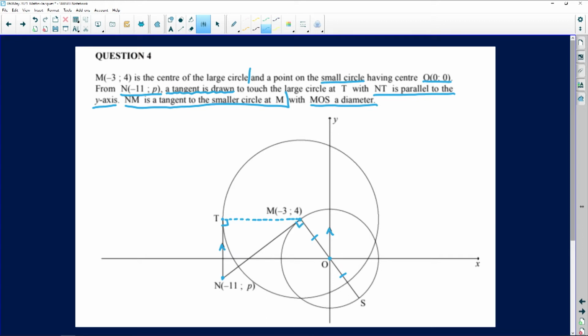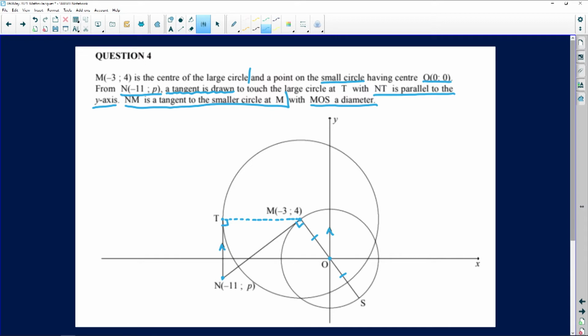There's a tangent perpendicular to a diameter, and there's a tangent perpendicular to the radius of the big circle. Okay, and I think that is just about as much information that we can draw on. I don't think there's much more for us to say here.